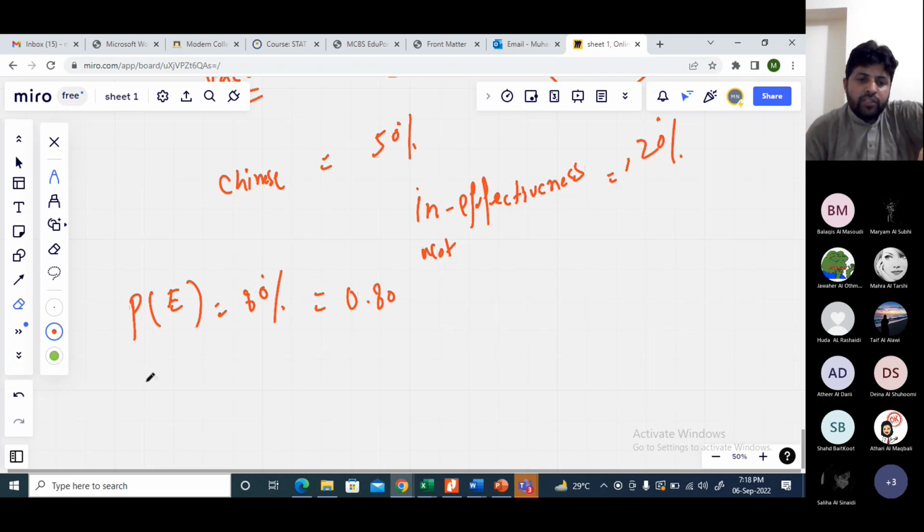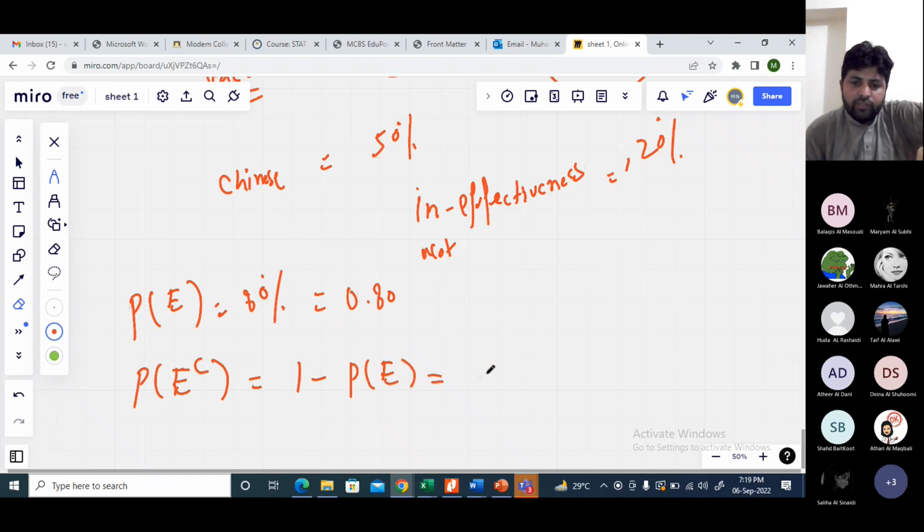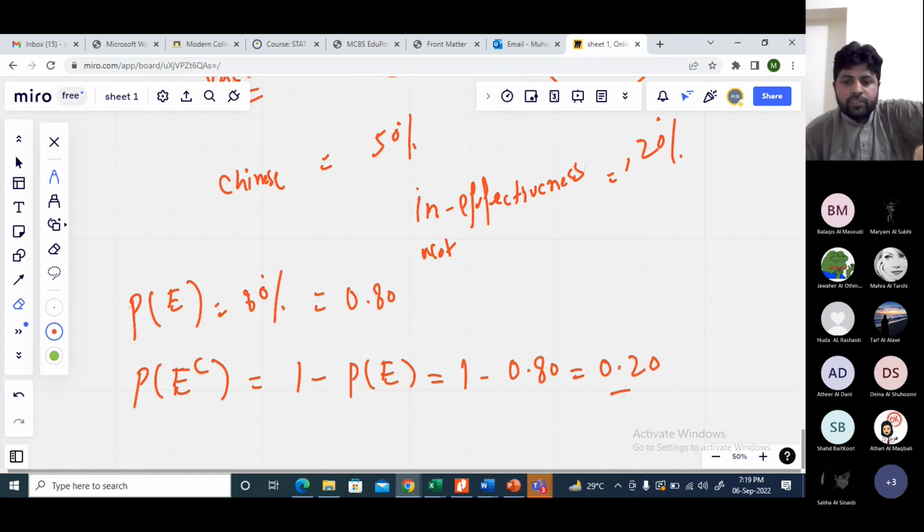And if you wanted to calculate the probability of ineffectiveness, mathematically I write E complement, E raised to power c, which is 1 minus probability of E. Probability of E is 80%, so your answer is 20%. Did you get my point?